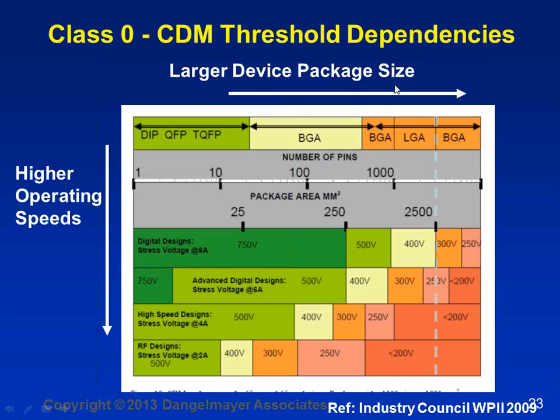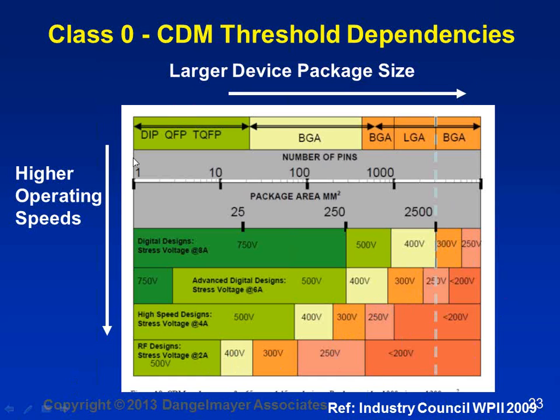So what that means is if you have a large device, the CDM withstand voltage is likely to be worse. It's likely to be much more sensitive. And as you go into higher operating speeds and the feature sizes that come with it, you're also likely to see greater sensitivities or lower thresholds. So here we have the class 0 region over in the lower right-hand corner.